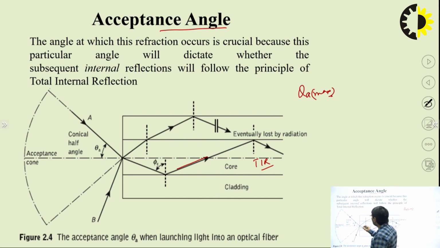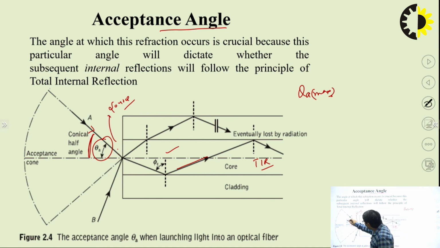There is a certain angle condition required outside the fiber where the optical source is placed. The optical source must enter light into the fiber with an angle within this range, the acceptance angle. This is the maximum acceptance angle.